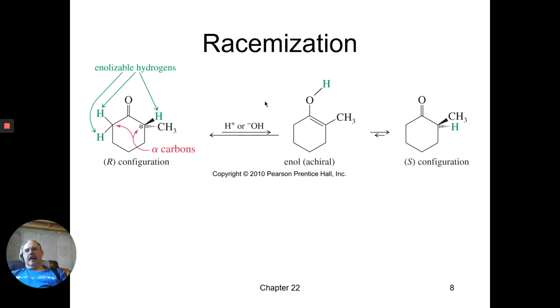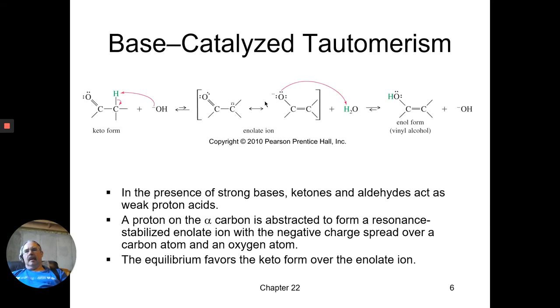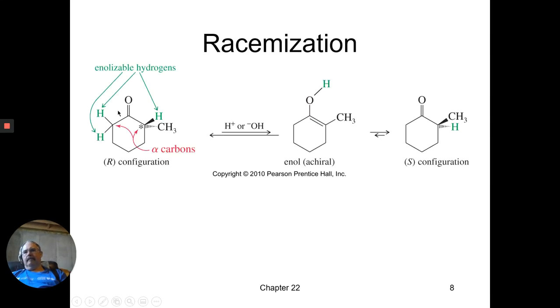So back here, when we're removing an alpha hydrogen, this formation of the enolate ion is not favored because water is 15.7. This is about 20. And so we're making a stronger base from a weaker one. So this equilibrium favors the starting material.